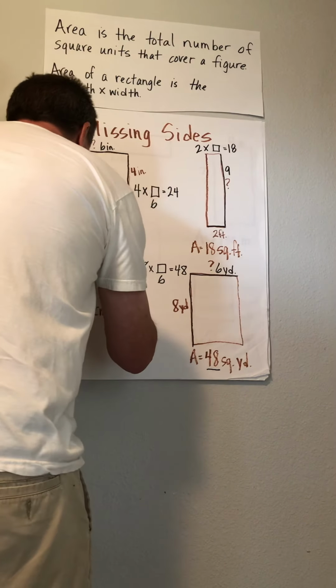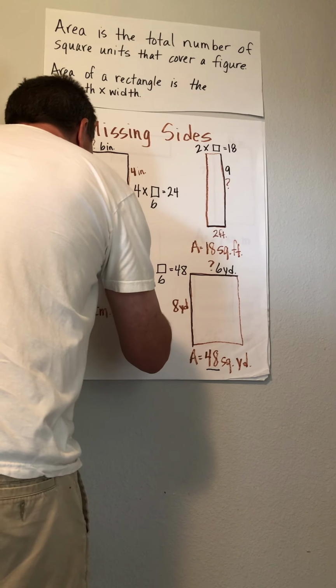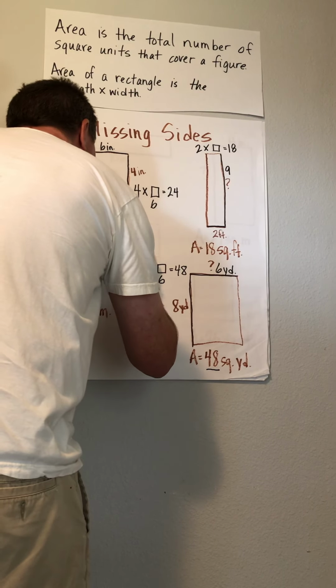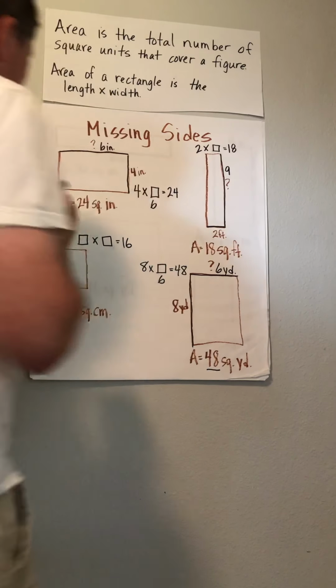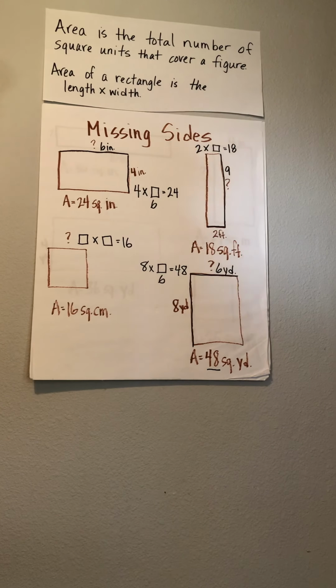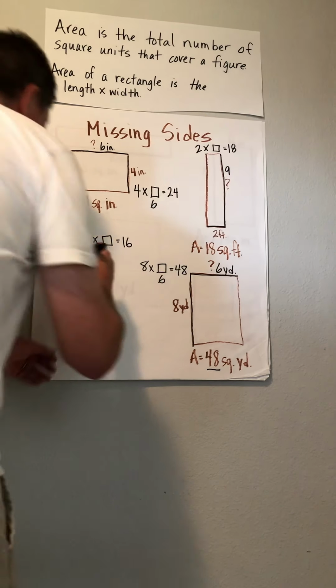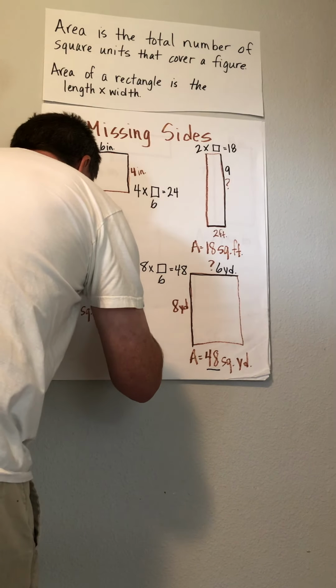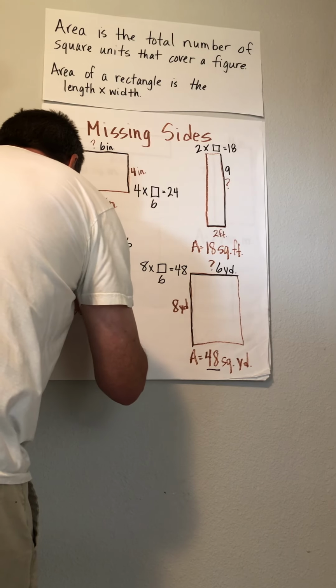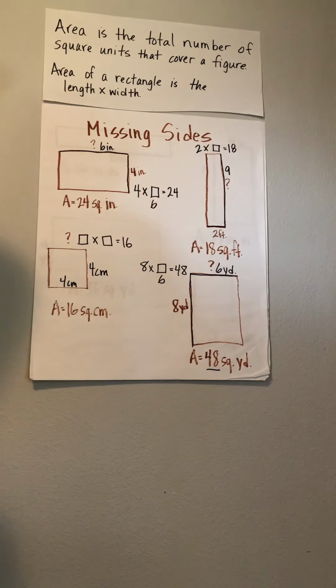So, blank times blank equals 16. What number? 2 times 2 is 4. 3 times 3 is 9. Getting closer. 4 times 4, yes. 4 times 4 equals 16. So that means that each side is 4 centimeters.